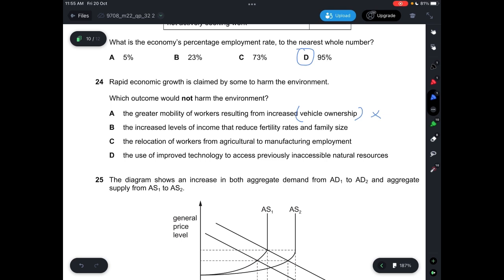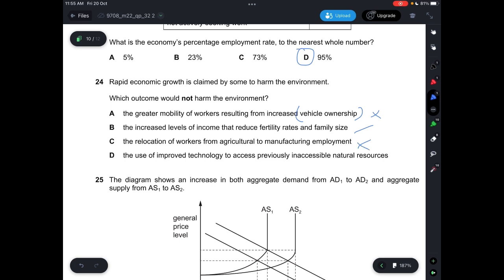B, the increased levels of income that reduce fertility and family size, this will not harm the environment, right? Because fertility rates and family size that are reduced will mean that there will be fewer people. When there are fewer people, you need to produce less to cater to this number of people. And C, the relocation of workers from agricultural to manufacturing employment would harm the environment because you need capital goods, and those capital goods, mainly machineries, will result in pollution to the environment. So C is incorrect.